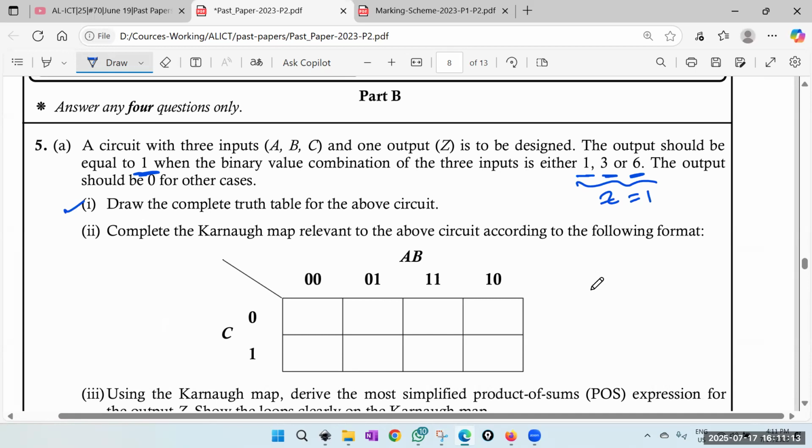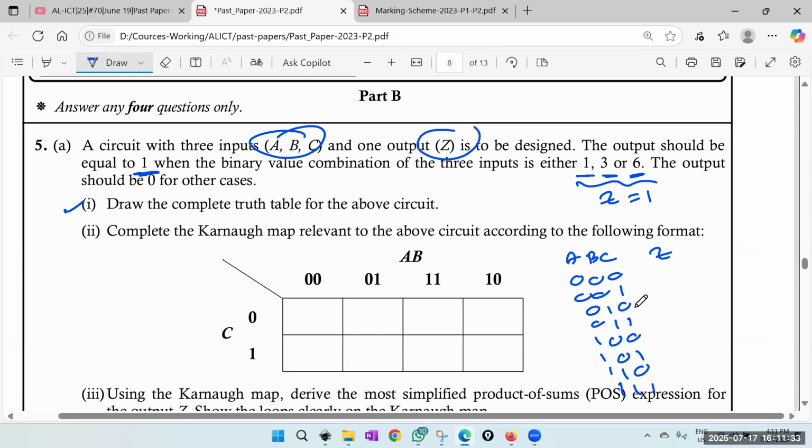So that is very easy. So you can use the exact letters, okay. A, B, C, and Z. So possibilities: 0 0 0, 0 0 1, 0 1 0, 0 1 1, 1 0 0, 1 0 1, 1 1 0 and 1 1 1.